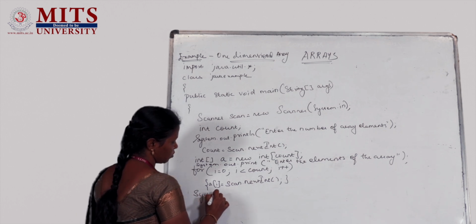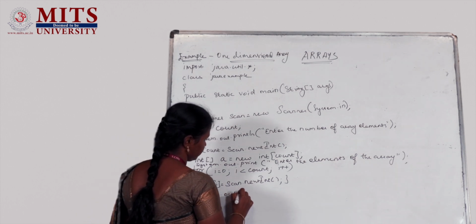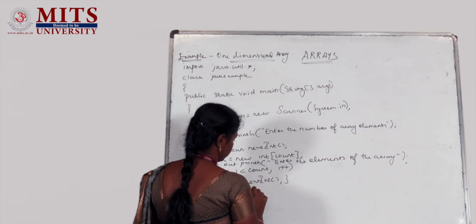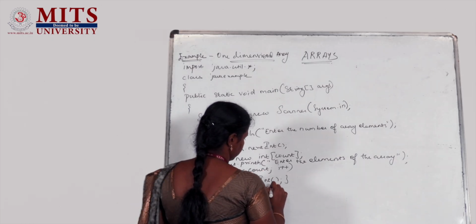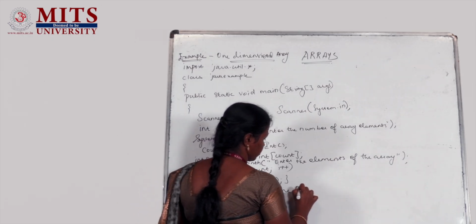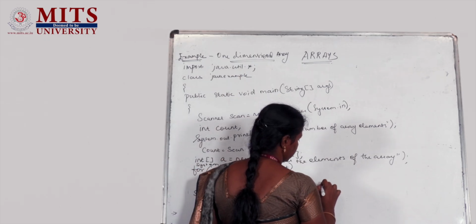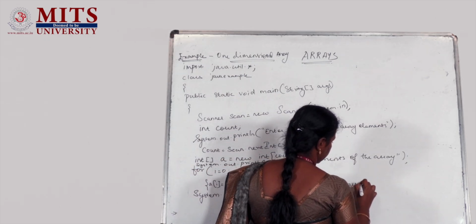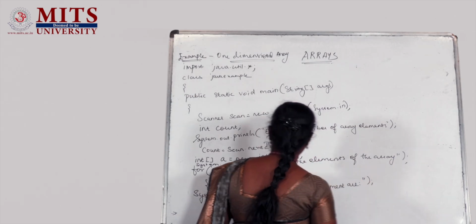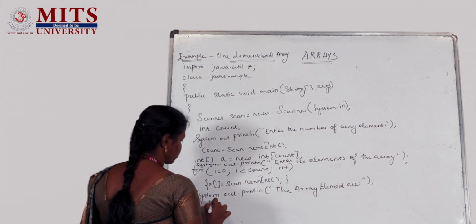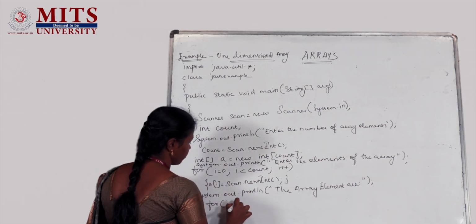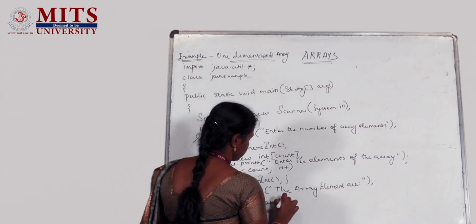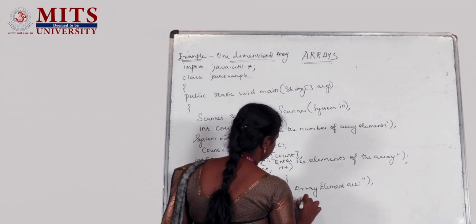So system.out.println, the array elements are. So we are trying to print it. Again we are going to make use of the for loop. We start from for i equal to 0, i less than count, and then i plus plus.